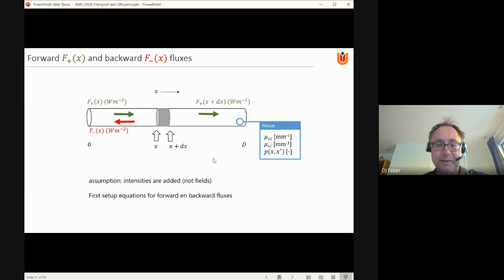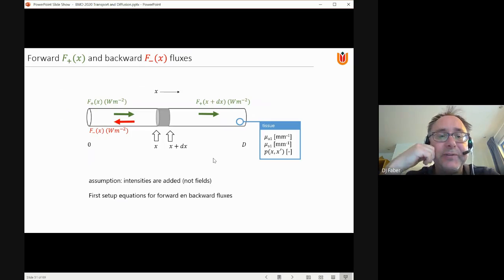Okay, so with this we can now try to set up our power balance for the fluxes. What we're going to do is, in this small volume dV, which extends from x to x plus dx, look at fluxes in the forward direction and fluxes in the backward direction.